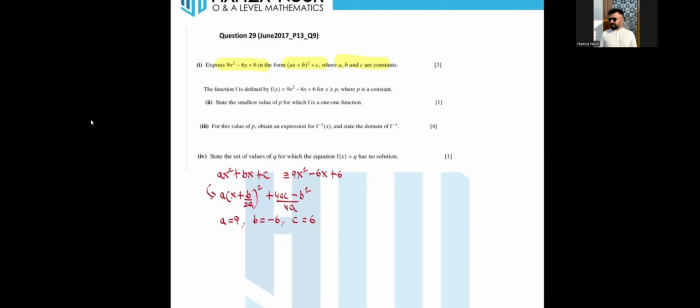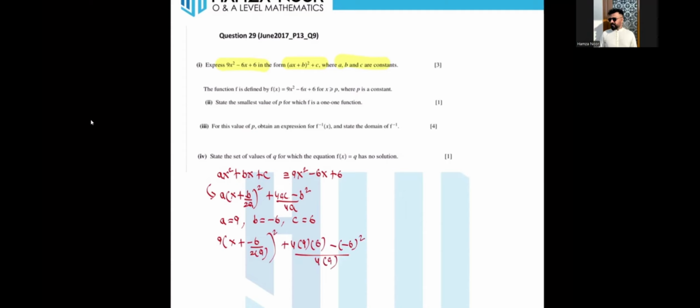So what I'm going to do is plug in these values into this formula, the formula for completing square. So I can say that in place of a, I'm going to write 9 times x plus minus 6 over 2 times 9, this is whole squared, and then plus 4 times ac minus b square divided by 4a.